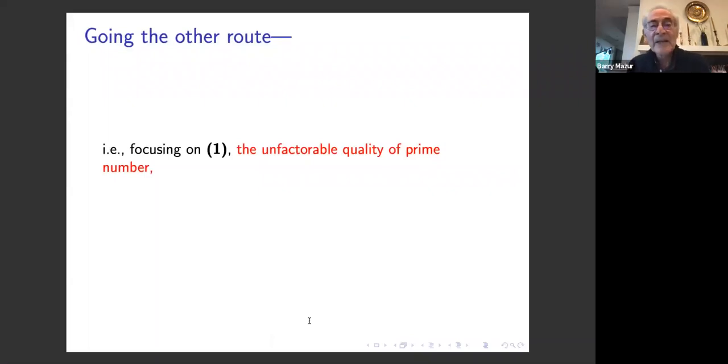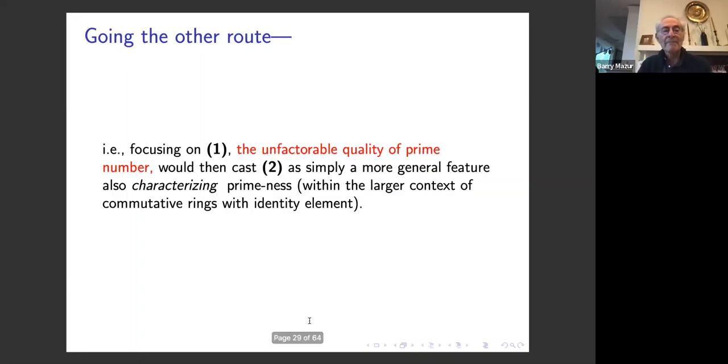Or you could go the other route. You could focus on the unfactorable quality of prime numbers. And then the divide and conquer quality is simply a more general feature, which also characterizes prime numbers.